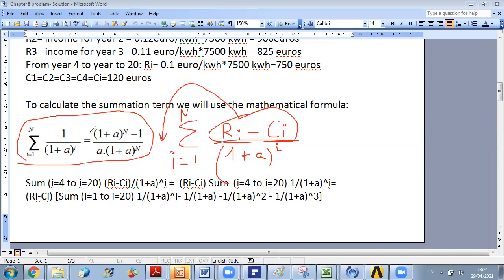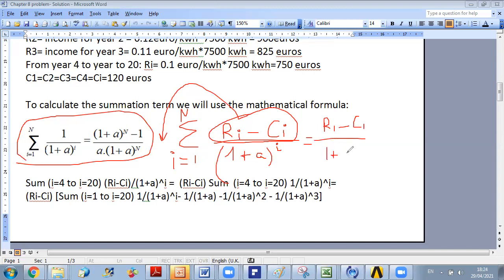So how to go around this? I will divide my summation and exclude years 1, 2, and 3. For year 1, I have R1 minus C1 over 1 plus a.